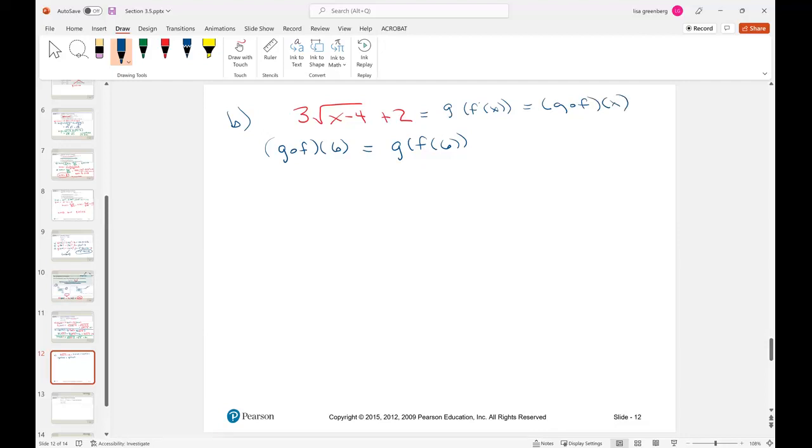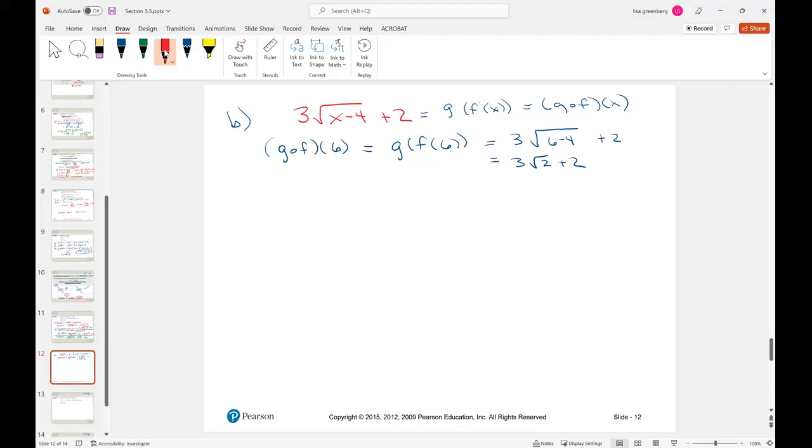So we can just plug in 6 now, because we've already found what that equals. So this is equal to 3 times the square root of 6 minus 4 plus 2, which is equal to 3 times the square root of 2 plus 2.